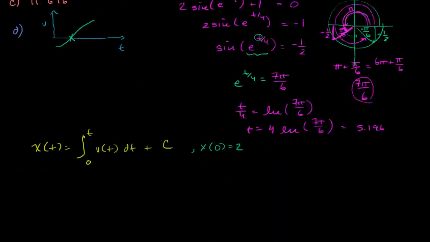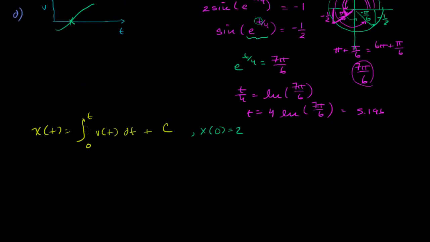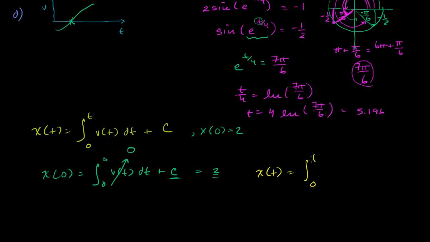So we actually know what the constant is, because if you evaluate x of 0, you get x of 0 is equal to the integral from 0 to 0 of v of t dt plus c, and this is going to be equal to 2. Well, this integral evaluates to 0, so we know that our constant is equal to 2. So x of t is equal to the definite integral from 0 to t of v of t dt plus 2.